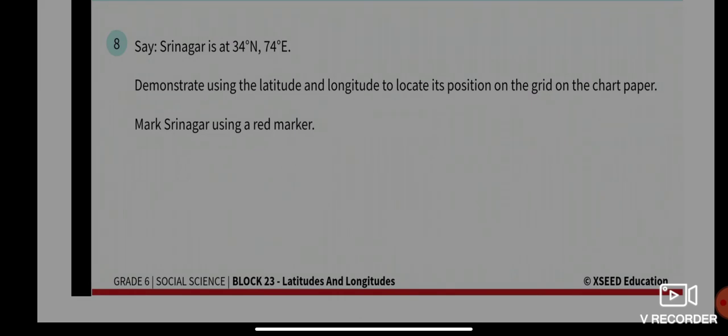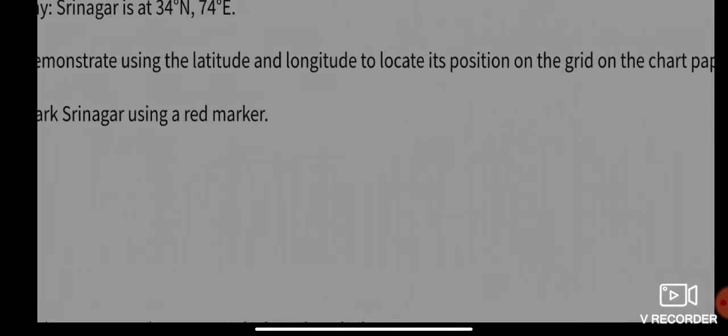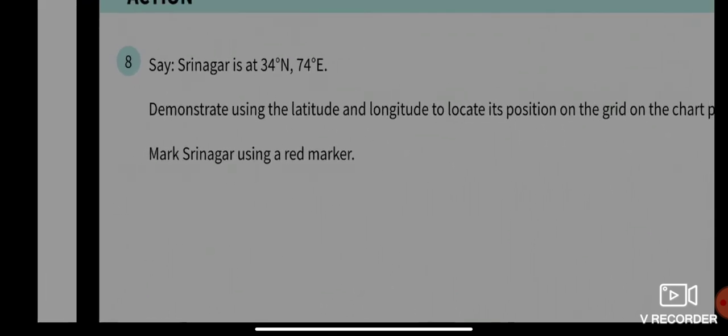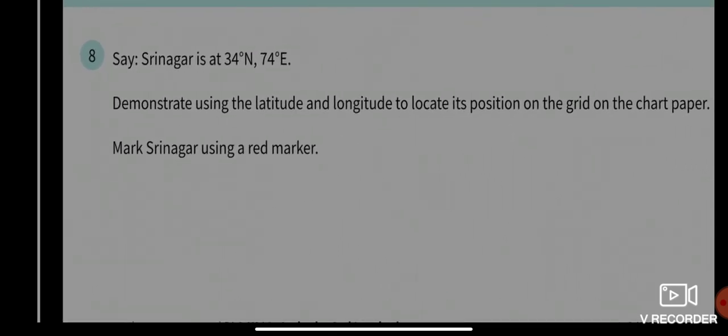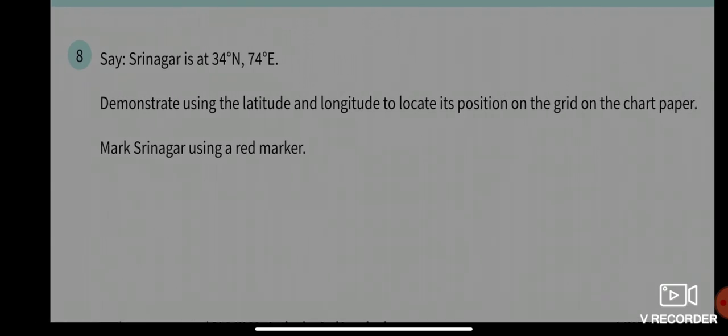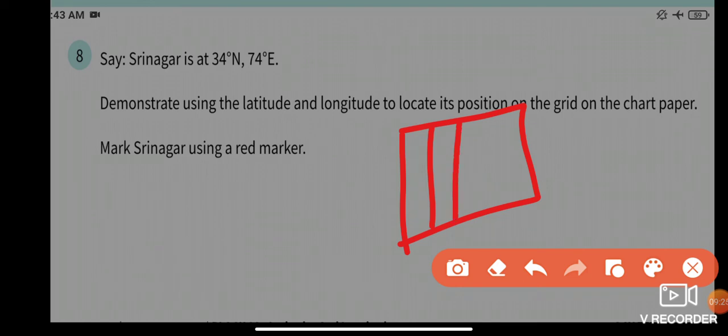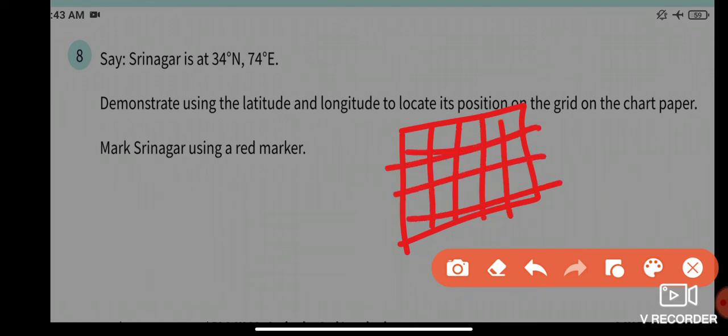Similarly, say Srinagar is at 34 degree north and 74 degree east. So you have to demonstrate, using the latitude and longitude, how to locate its position on the grid on the chart paper. The grid which I told you to make on your chart paper or A4 size paper or any paper.